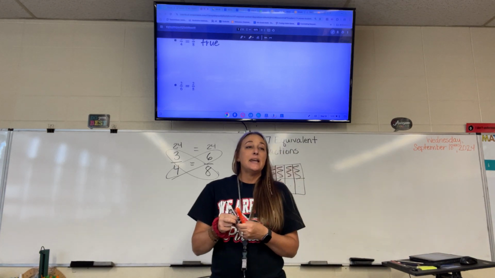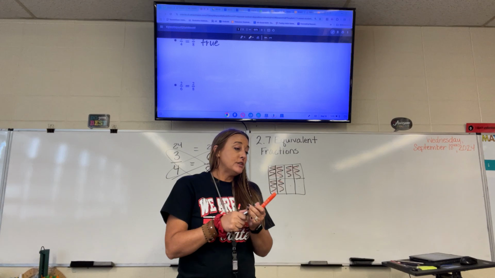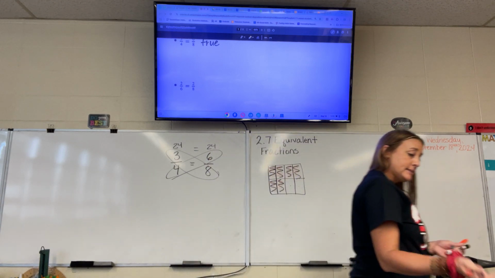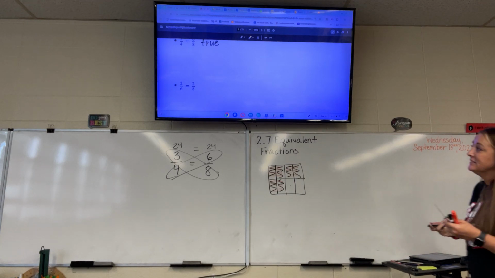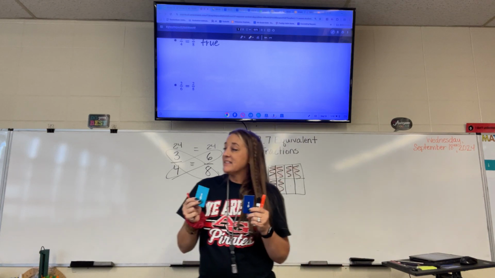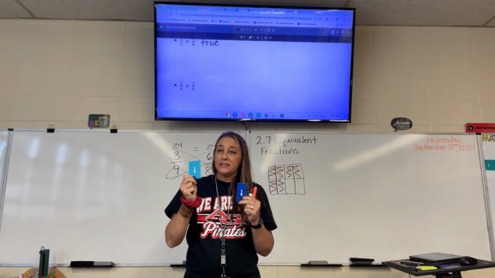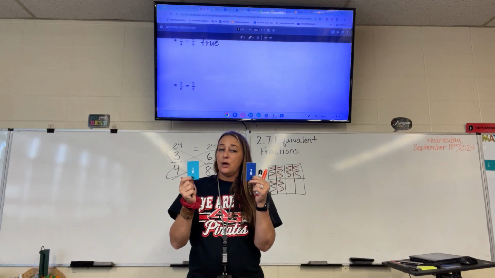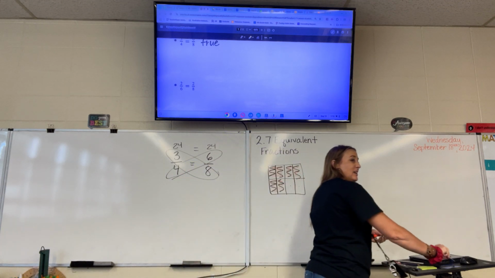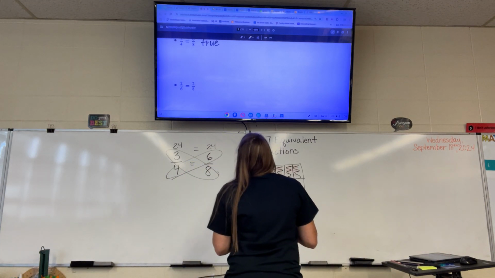Next, they have the same numerator, but different denominators. The denominators tell us how big the parts are. So we have 6 size pieces and 8 size pieces. So 2 6ths and 2 8ths. Are they going to be the same size? No. So we don't even have to decide which is bigger.